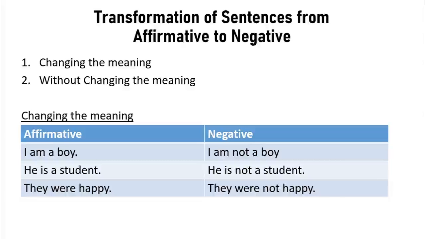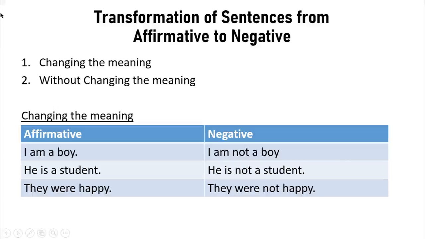So to change some sentences from affirmative to negative, or to transform some sentences, we follow two rules. We change the sentences changing the meaning, and we change the sentences without changing the meaning, usually. In transformation of sentences, we usually follow the second one. We change the sentences without changing the meaning.